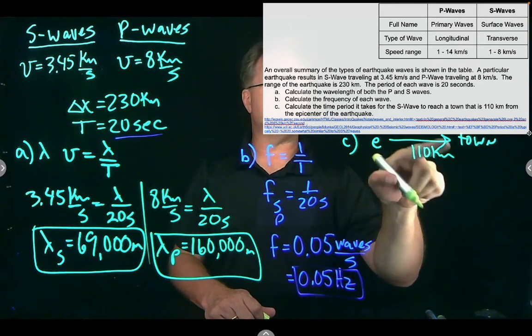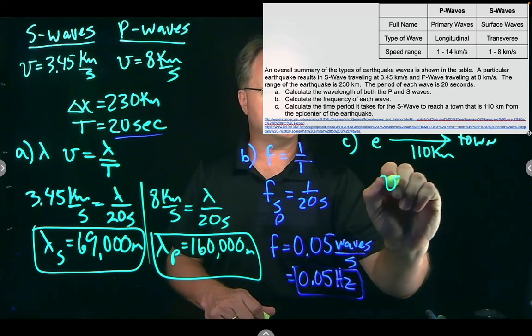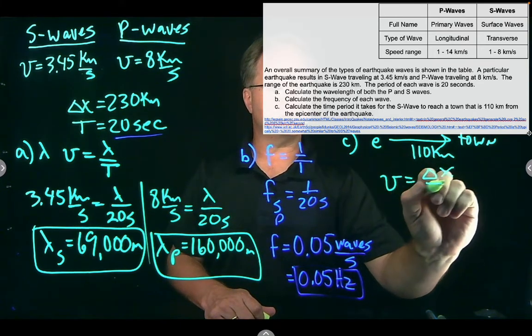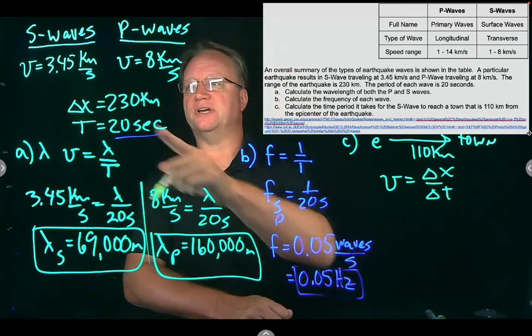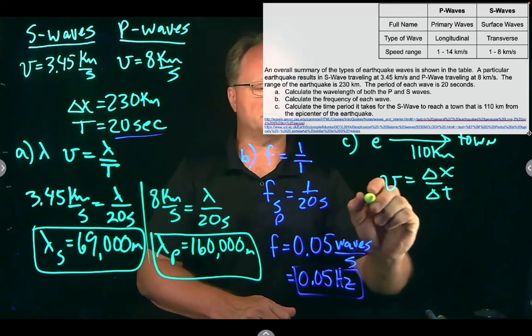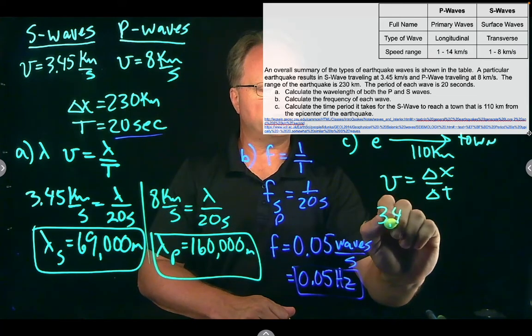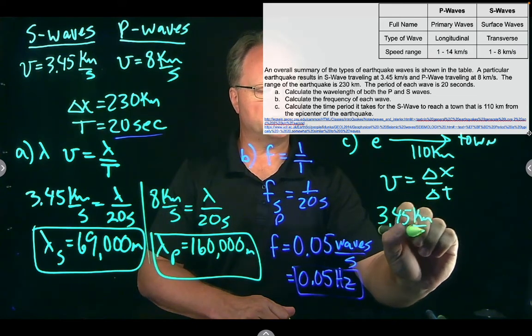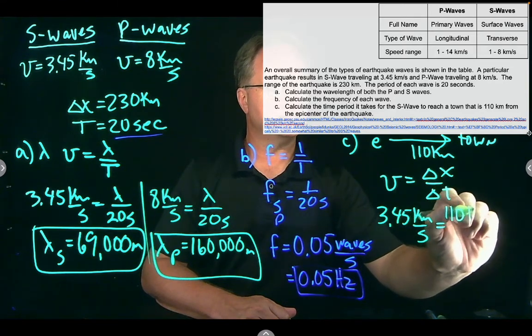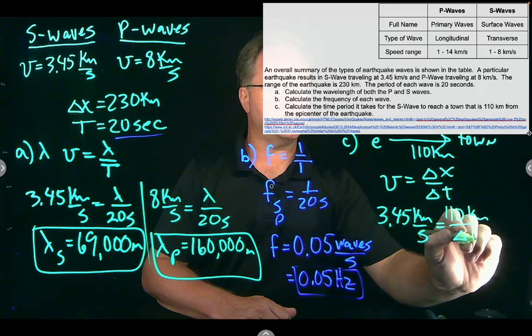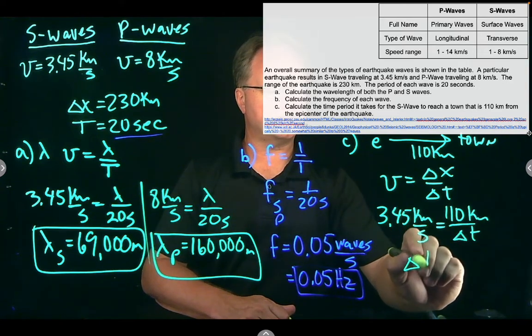This is dealing with the speed and the displacement, so this would be V equals delta x over delta t. We're dealing with specifically the S waves, so we need the velocity of the S waves, 3.45 kilometers per second. Delta x is 110 kilometers, and we want to solve down for the time.